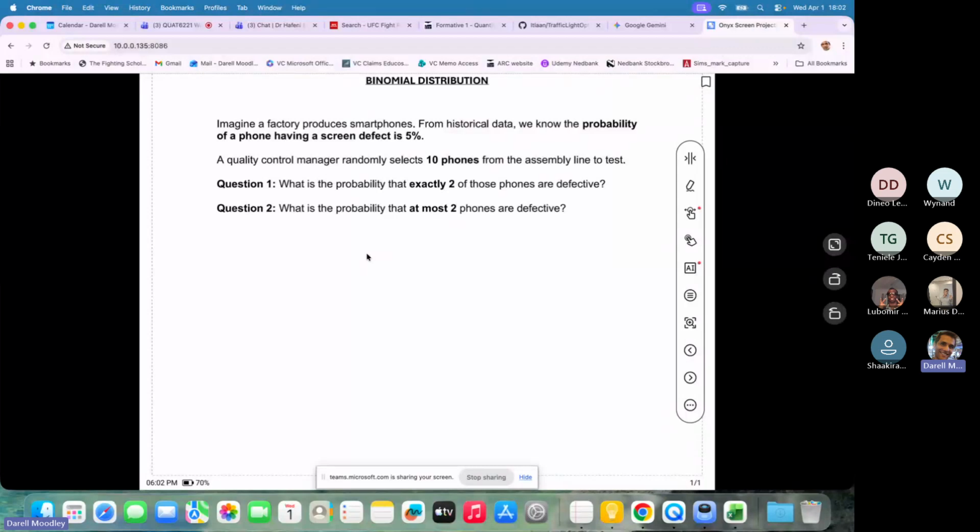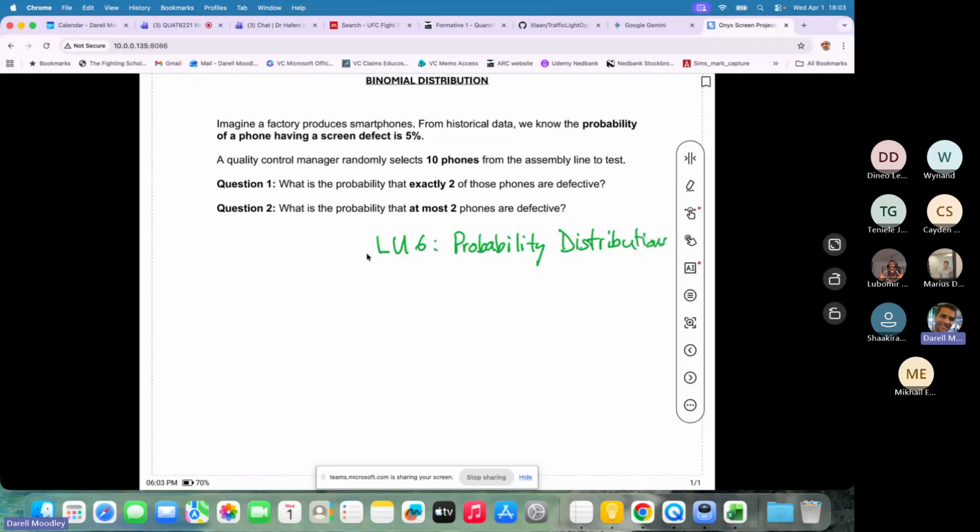So learning unit 6 is probability distributions. And this can be split up into 2 types of distributions.